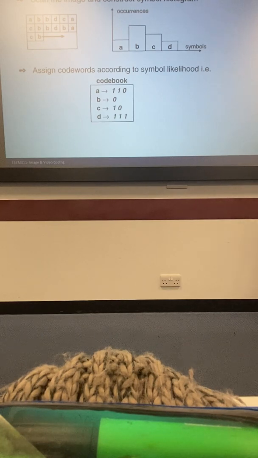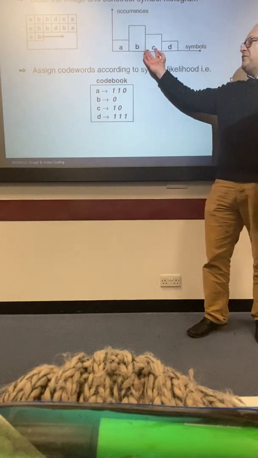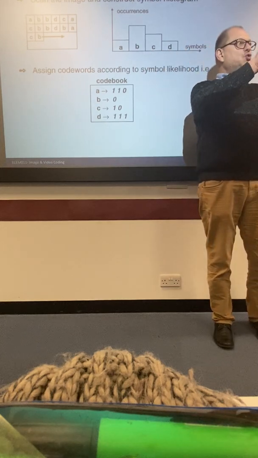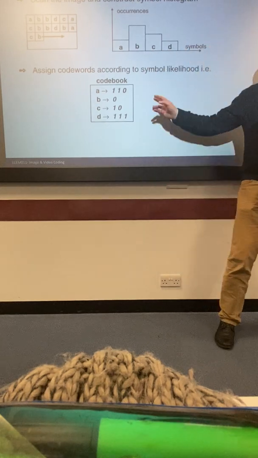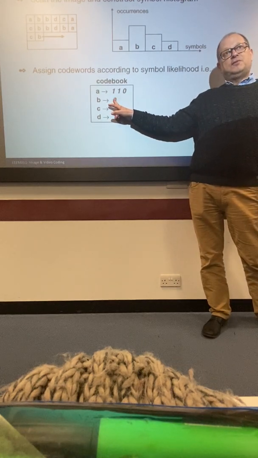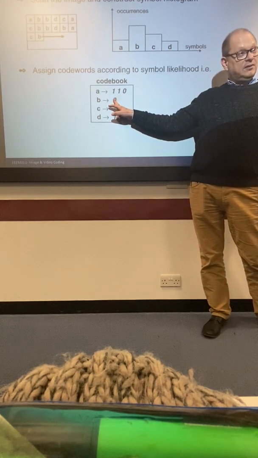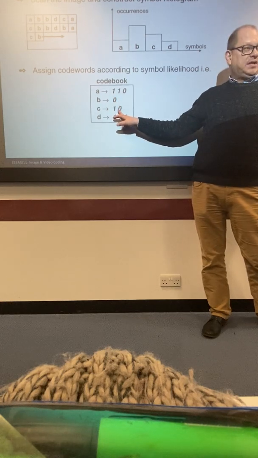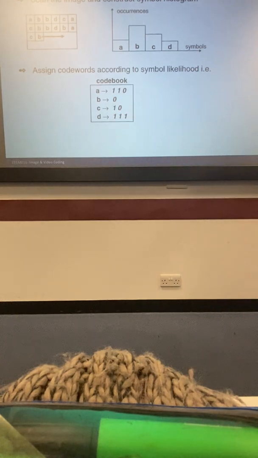So what we can see here, normally we have 4 symbols. 4 symbols means 2 bits per symbol. Now, what I have here, I have 1 bit for B, so I'm gaining. 2 bits for C, so I'm not gaining versus if it was flat.